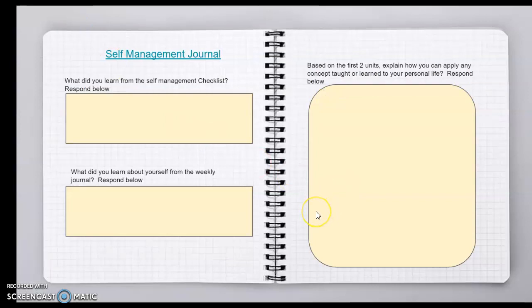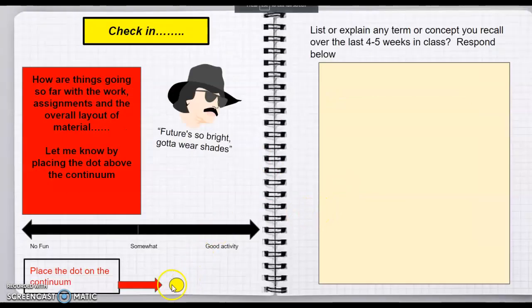Okay. So we move to the next page. Down here is just a check-in. All I'd like you to do is take the yellow dot here, you'll click on it, and you're just going to slide it along here as to how you're feeling about the class so far, where you're at up to this point. Are you pretty much on par with things, feeling comfortable, enjoying the class?